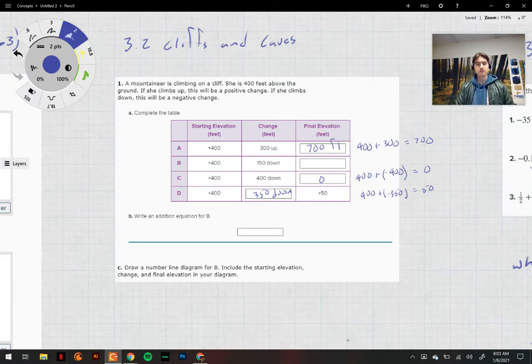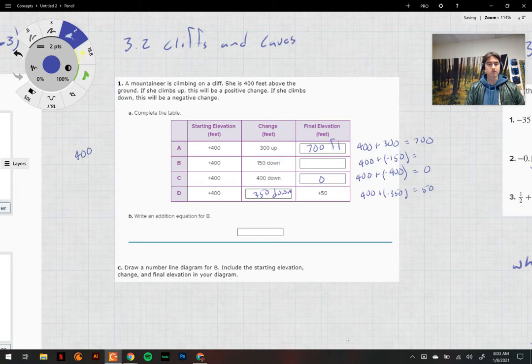All right, so now let's look at B. It says 400 feet starting elevation and then 150 feet down. So starting at 400 feet, I'm adding the negative 150 feet down. So the question is, how do I determine what this value is? What we can do is look at the magnitudes. Okay, so let's come over here.